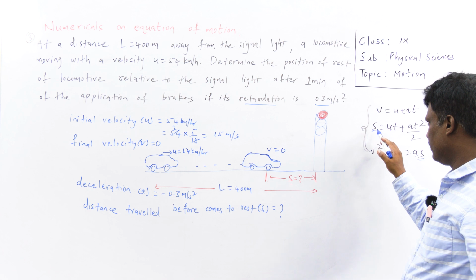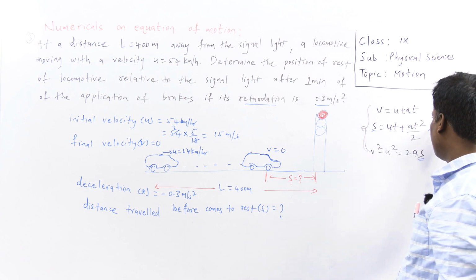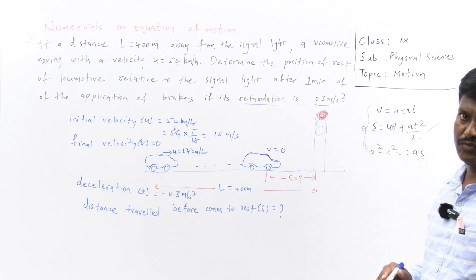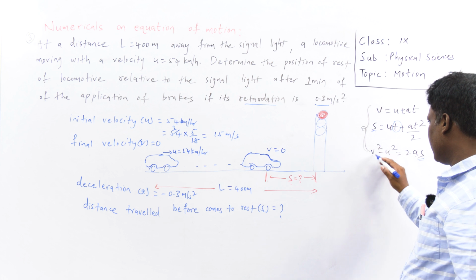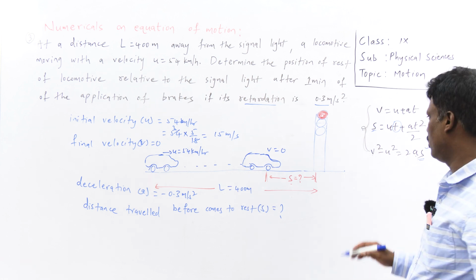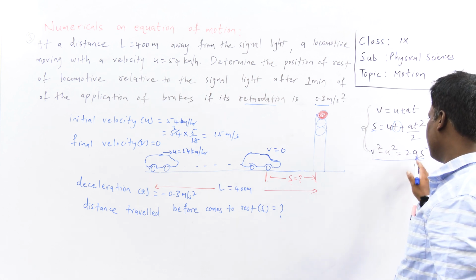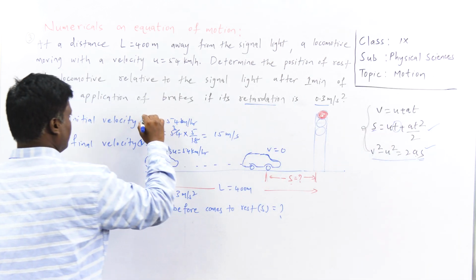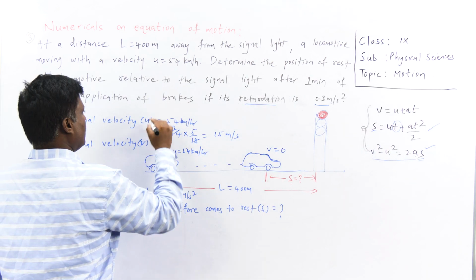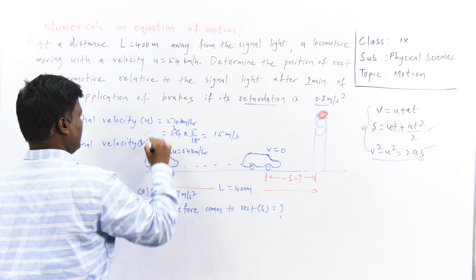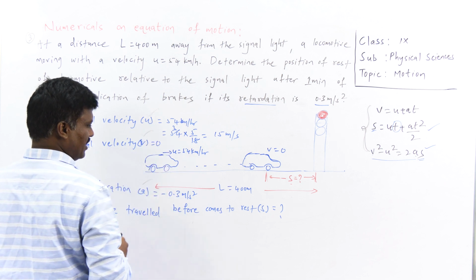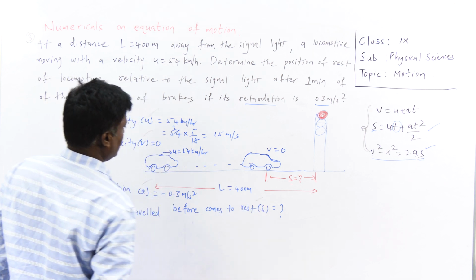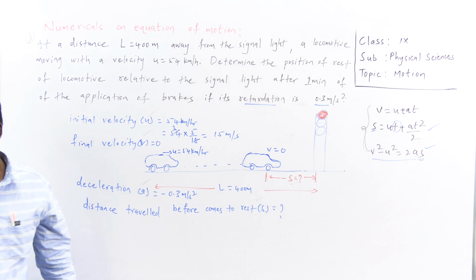But to find distance using the second equation of motion, time is compulsory. Without time we can use this equation of motion, because we have the v value, u value, acceleration (nothing but deceleration), and s. So related to this we will do the problem.